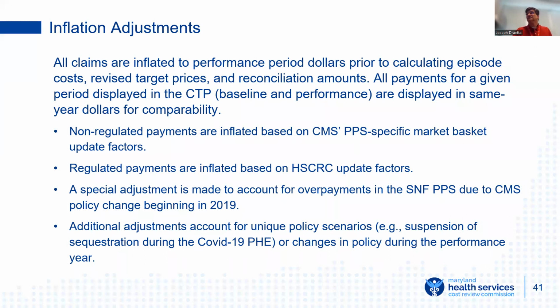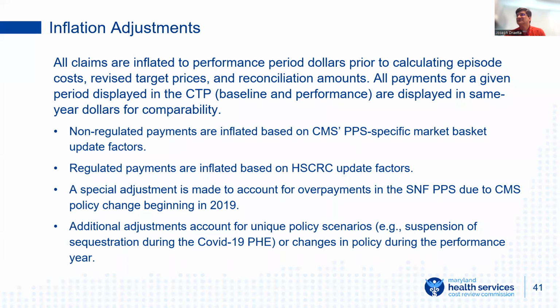And then on top of these, we do make special adjustments to account for one-off policy events. We won't go into a lot of detail here because we don't have time. But for example, CMS noted that there were overpayments in the SNF prospective payment system starting in 2019. So we do adjust for that to make sure that participants aren't held accountable for it.